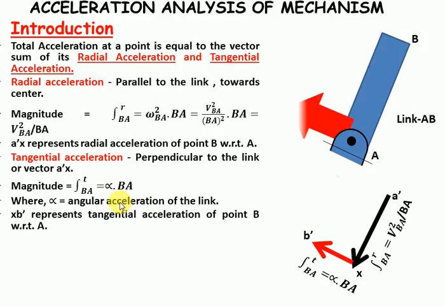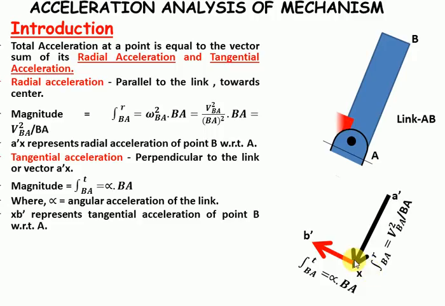What is angular acceleration? It is the rate of change of angular velocity with respect to time, and in most of the cases when this link is moving with uniform angular velocity, angular acceleration becomes 0, and in that case total acceleration of a point with respect to another is equal to the radial acceleration.